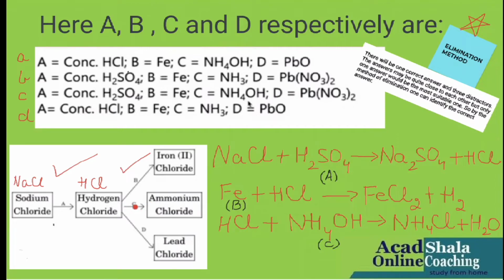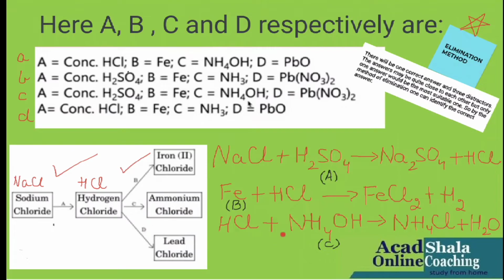Now let us proceed to the C portion. What is C, which reacts with hydrogen chloride and forms ammonium chloride? I will think that this C should have something related to ammonium.